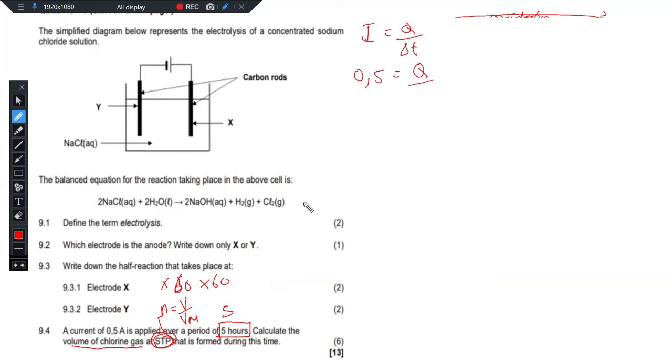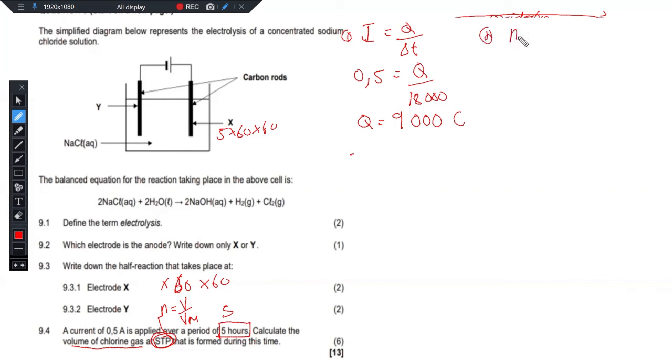But the 5 hours should be written in terms of seconds, which, if you say 5 multiplied by 60 multiplied by 60, gives you 18,000. Then when you cross multiply, your Q is 9,000 coulombs, right?